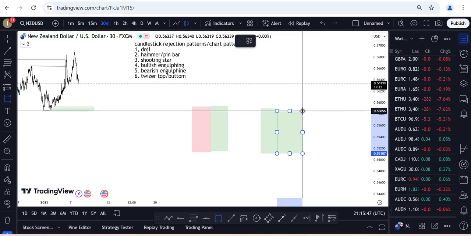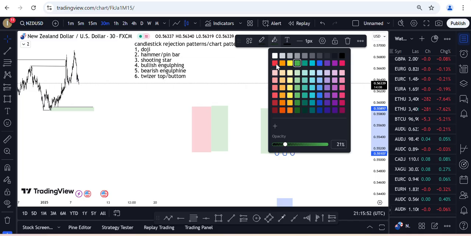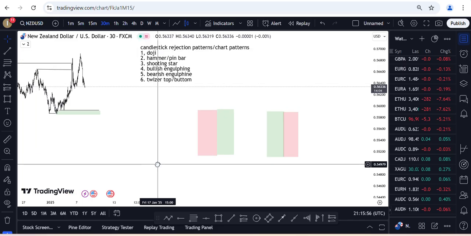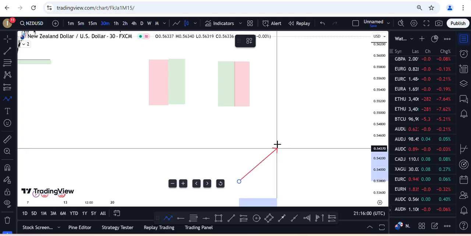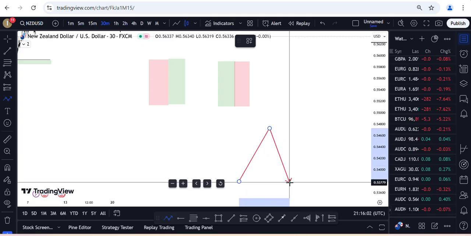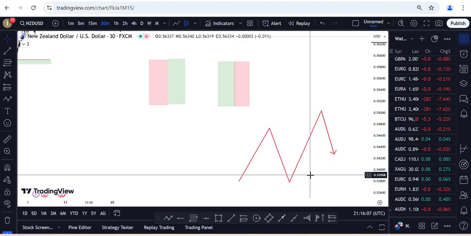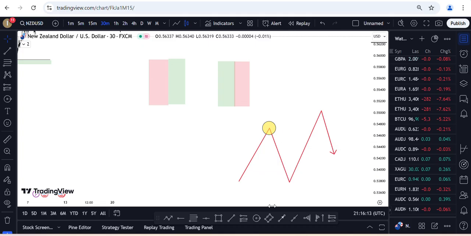Okay, so if it forms at the top, I'll explain now. If it forms at the top like this, let's say price is moving like this, so if it forms here, at the top, it's called a tweezer top.